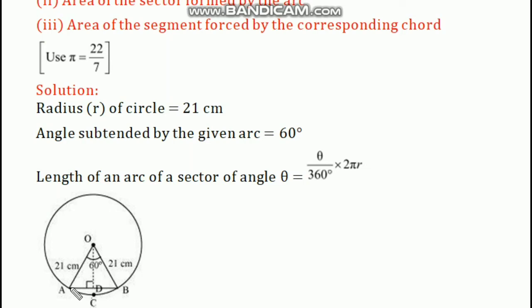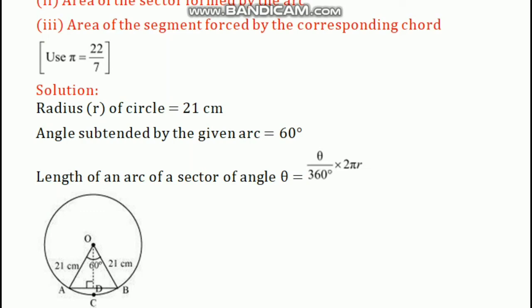At the same time, that arc intersecting two points A and B can make a chord. The area of segment ACB is the third subdivision. For the first subdivision, first we need to find out the length of arc.